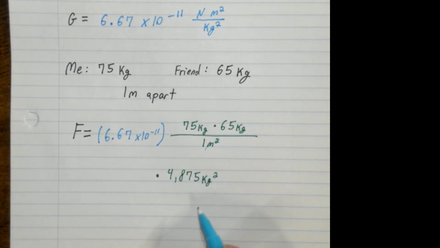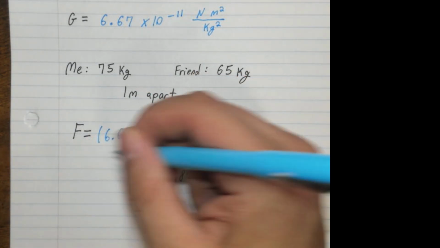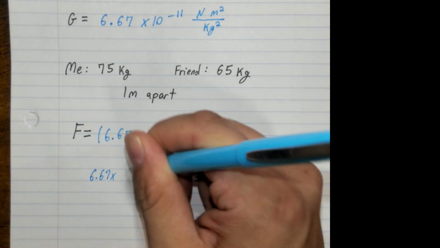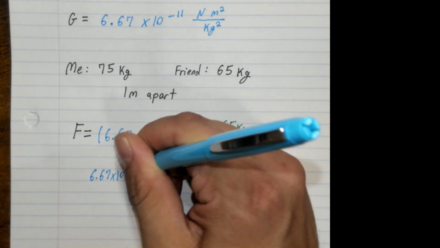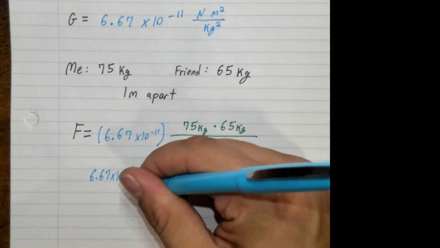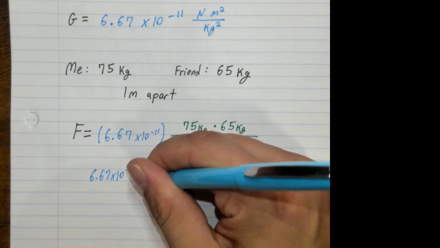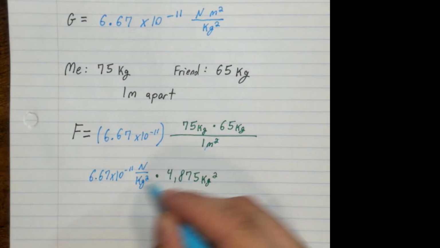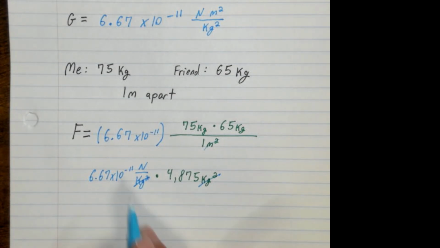My meters have been canceled out, but I will have 6.67 times 10 to the negative 11 newtons over kilograms squared. And since that's in the denominator, this is in the numerator, this is like imaginarily over 1 here. I can cancel out my kilograms squared, left with newtons, and that should give me my force.